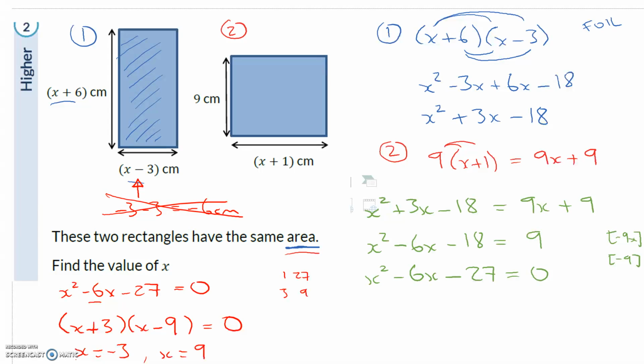Okay, so we can discount this value. It's a solution to the equation, but it can't be an answer for this real life problem. So x has to be 9. So we're done. x equals 9. Doesn't need to be centimetres this time because x is just the value. Okay, we'll get the centimetres out from our units at the top here. So find the value of x. It's 9.